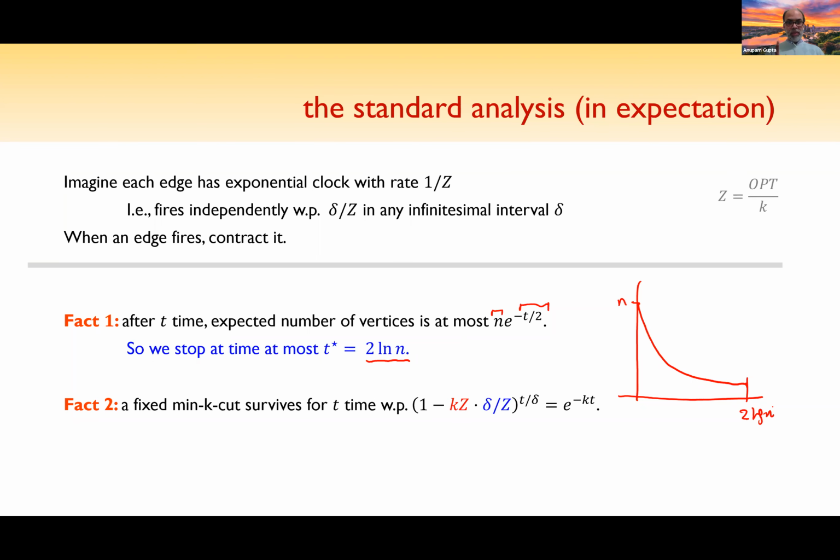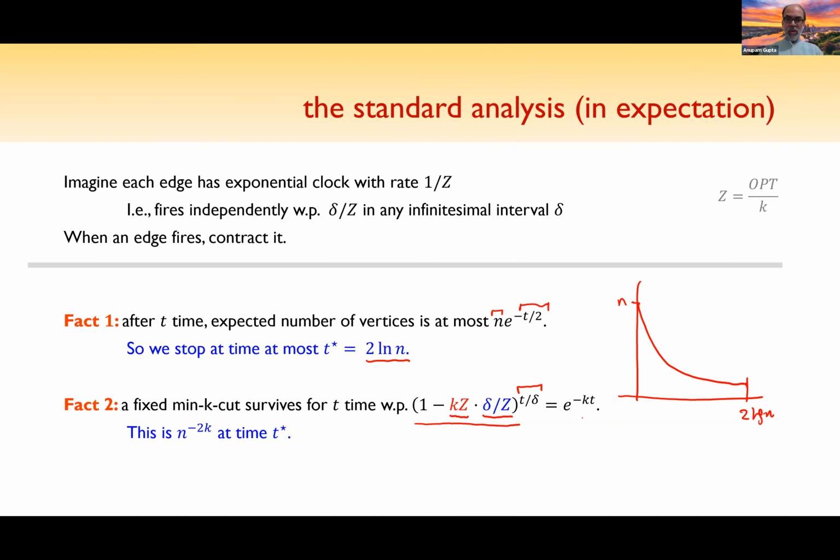And now here's the second thing: a fixed min cut. A min cut has so many edges. This is the probability of being contracted, so this is the probability it's not contracted. This min cut is not hit, and this happens for time t over delta.